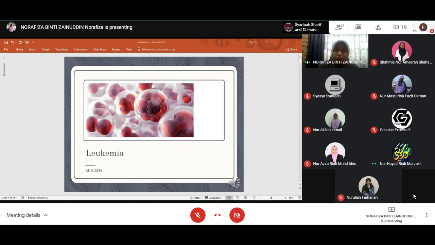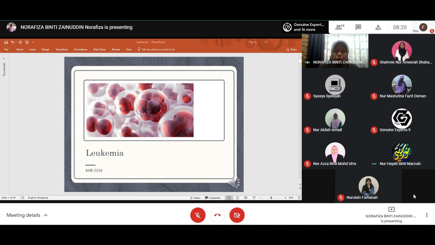And some labs use FISH, fluorescence in situ hybridization. This one is very accurate to the point where you can delineate very small abnormalities, very small deletions, and also, of course, there is PCR.